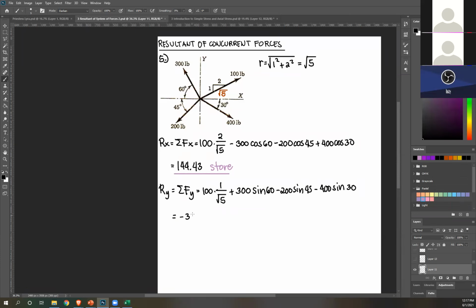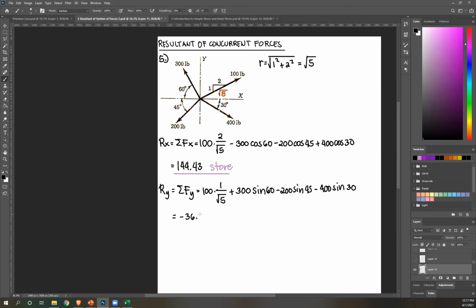Negative 36.89. Now, when we're solving for the values of our forces, just directly, the negative sign denotes its direction. So previously, our positive and negative denoted assumption, correct or incorrect assumption, right? When we have a negative answer, our assumption for direction is incorrect.